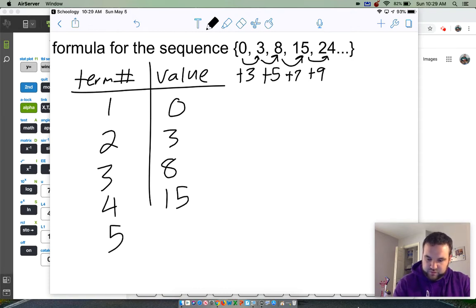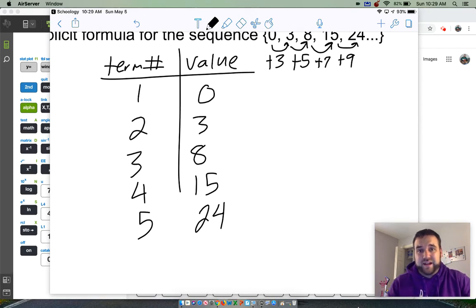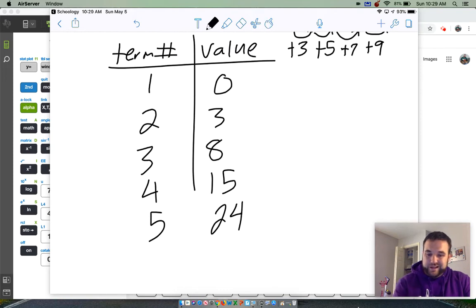The fifth term is 24. And this isn't an exact science. There are some tips and tricks that you can learn along the way, but you've got to just play around and see how I can go from 1 to 0 and do the same thing to get from 2 to 3, 3 to 8, 4 to 15, and so on.